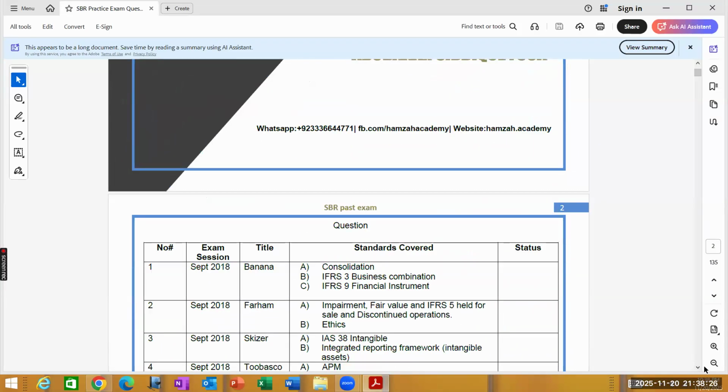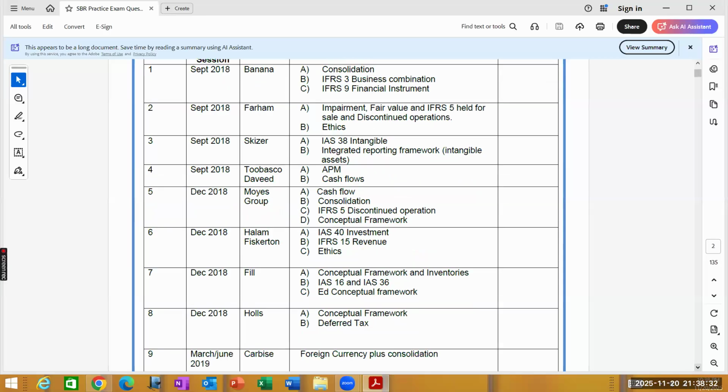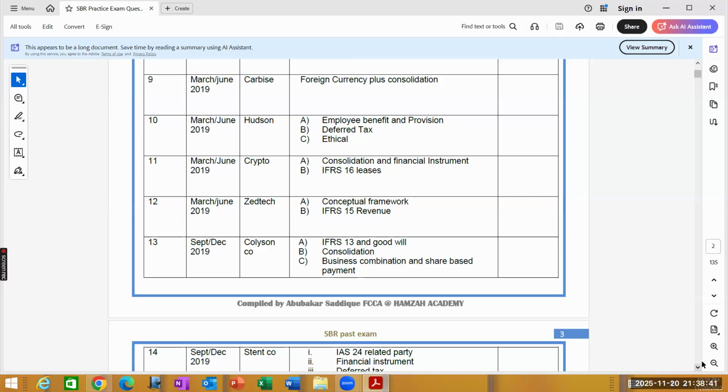Now students, you have the exam kit with you. I would recommend that you go through the exam kit. It will help you a lot to create the writing skills in the exam while answering the question.